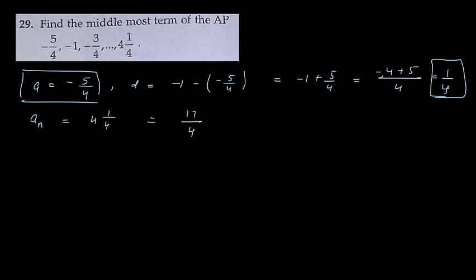So I can easily find what is n. So an is a plus (n minus 1)d, and this is 17 divided by 4. The value of a is minus 5 divided by 4 plus (n minus 1). The value of d is 1 divided by 4, is equal to 17 divided by 4.